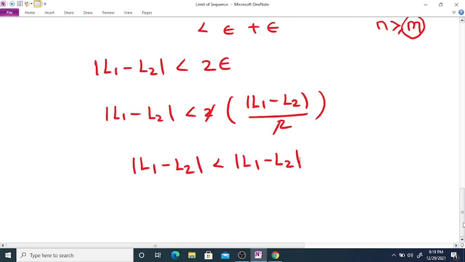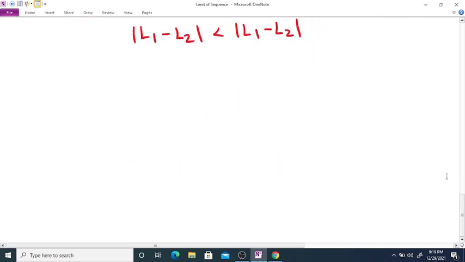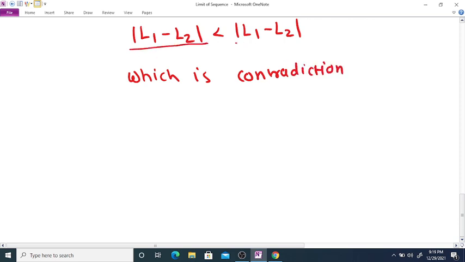So here we get a contradiction. What is the contradiction? Mod of L1 minus L2 is less than mod of L1 minus L2. This is never true. We know that 2 is not less than 2; 2 is always less than or equal to 2.